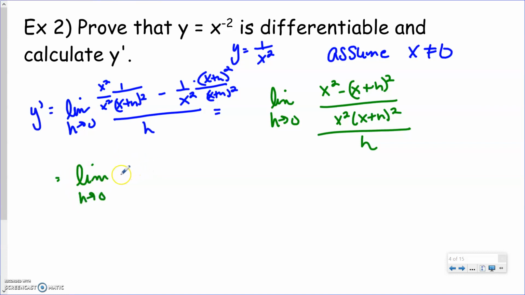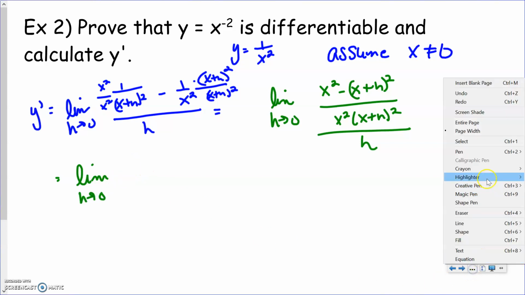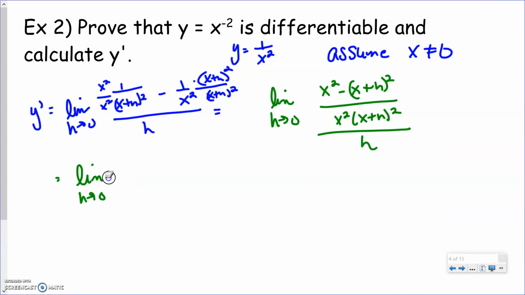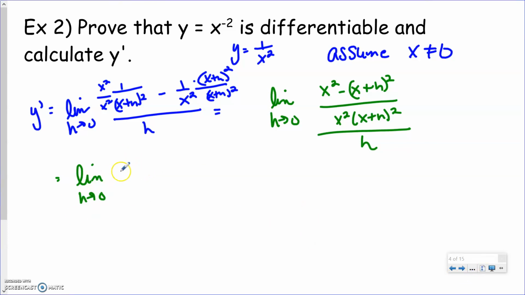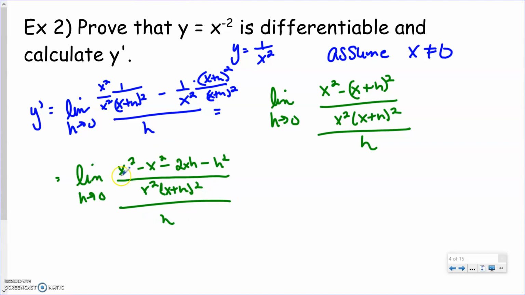So the limit as h approaches 0 of x squared minus x squared minus 2xh minus h squared, and I just distributed the negative right away, divided by x squared times x plus h, quantity squared, divided by h.